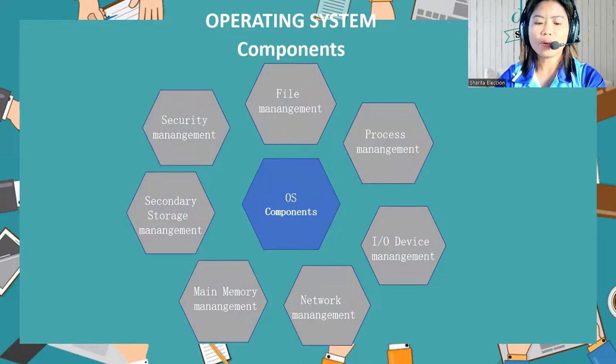Although we have many different operating systems, for example Mac, Unix, Linux, Windows, and others, they do not have the same structure. Most operating systems share similar components: file management, process management, input-output device management, and main memory management.